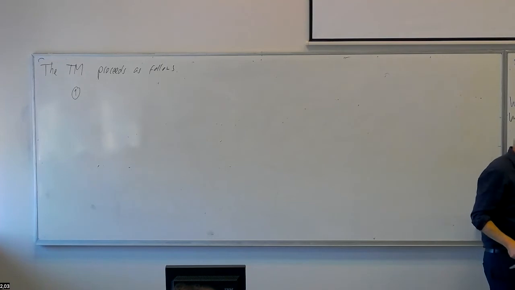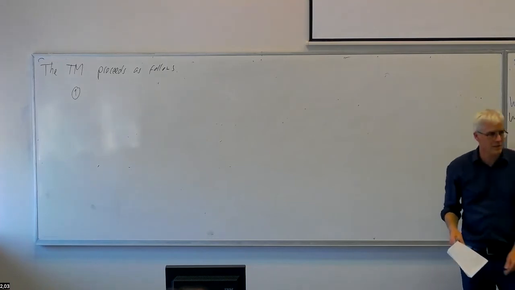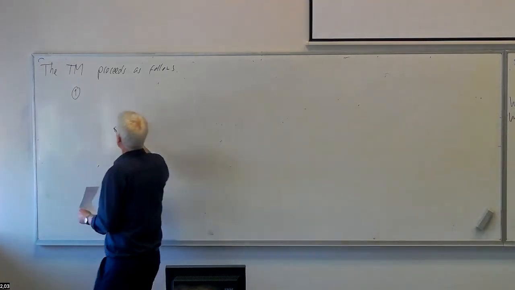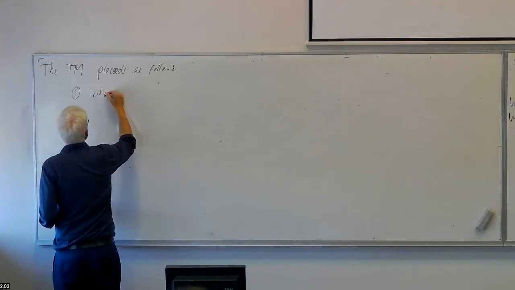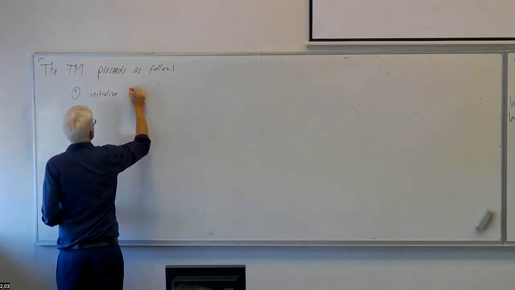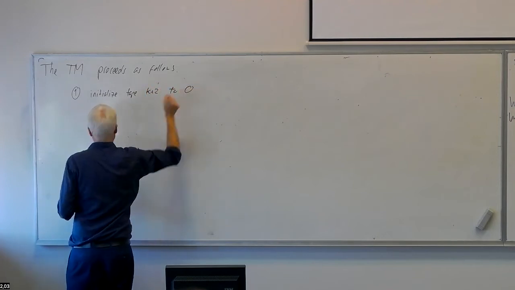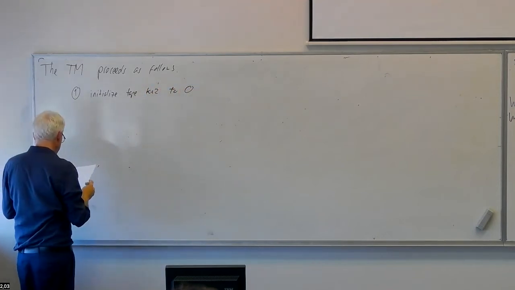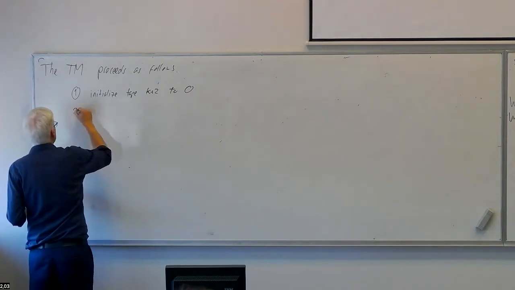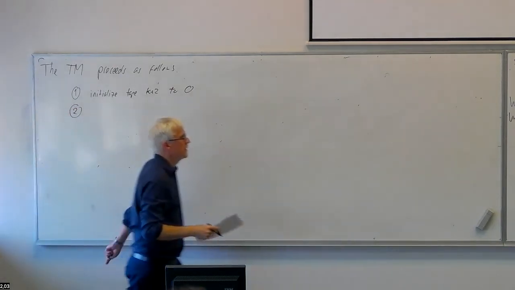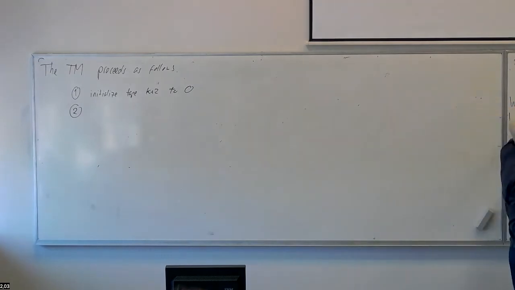So the next thing to do is to initialize the counter to 0. So we initialize tape k plus 2 to 0. Then we're going to use our Turing machine for little f, our Turing machine MF.